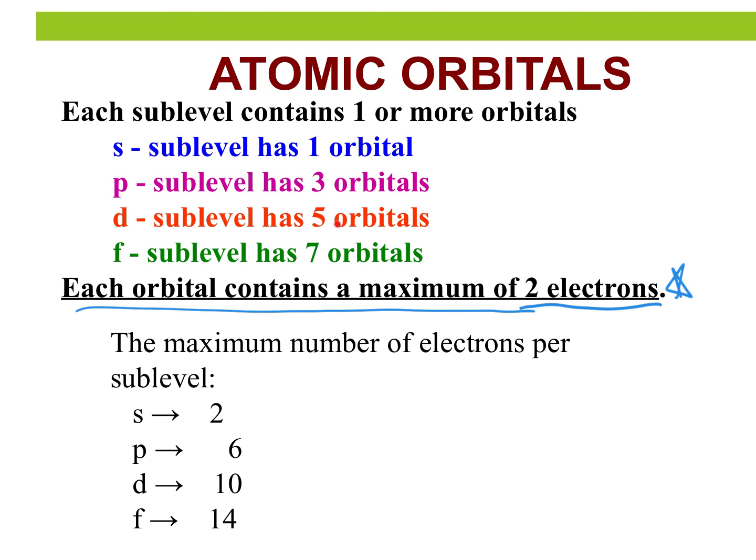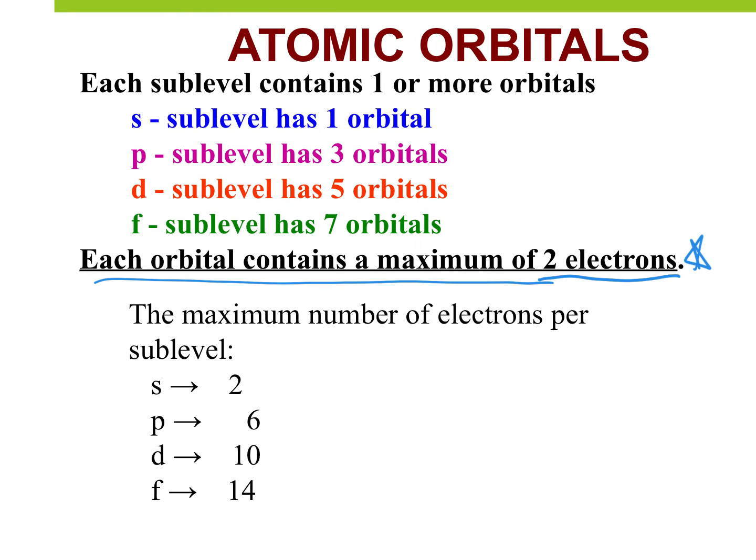How many electrons per orbital? 2. What's 2 times 3? 6. So the P sublevel can hold 6 electrons. The D has 5 orbitals. 2 times 5 is 10, so the D sublevel can hold 10 electrons. Finally, the F sublevel has 7 orbitals. 7 times 2 is 14, so the F sublevel can hold up to 14 electrons.